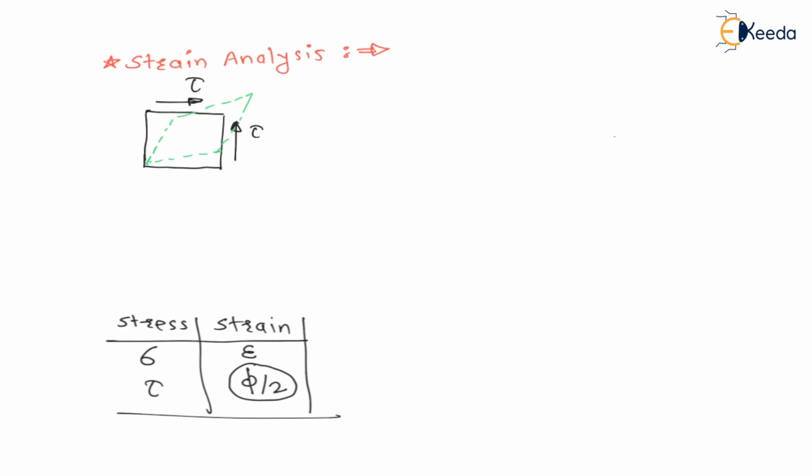With vertical, the component is going to deform by some angle, let's say theta 1. With horizontal, the component is deforming by angle, let's say theta 2. And shear strain phi is the total angular deformation, that is theta 1 plus theta 2, with vertical axis as well as with horizontal axis.